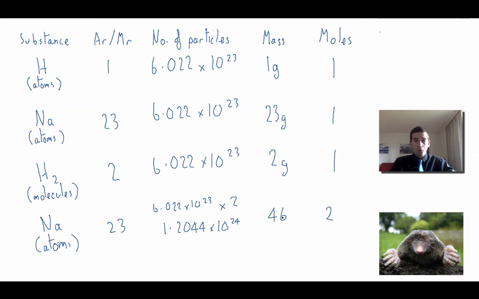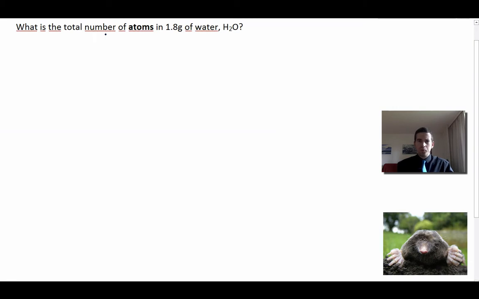So hopefully you're now starting to appreciate the link between what a mole is, Avogadro's constant, and the mass of the substance. Now let's go through an example which has come up in a previous past paper. What is the total number of atoms in 1.8 grams of water? Obviously H2O.